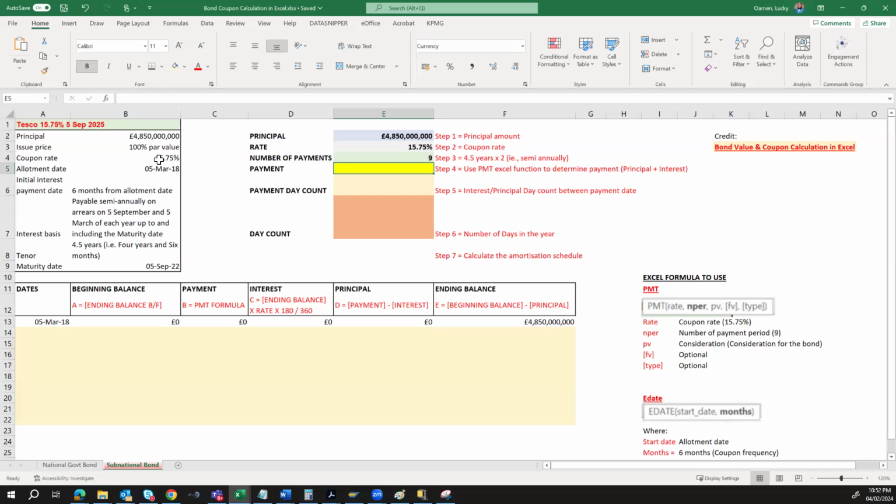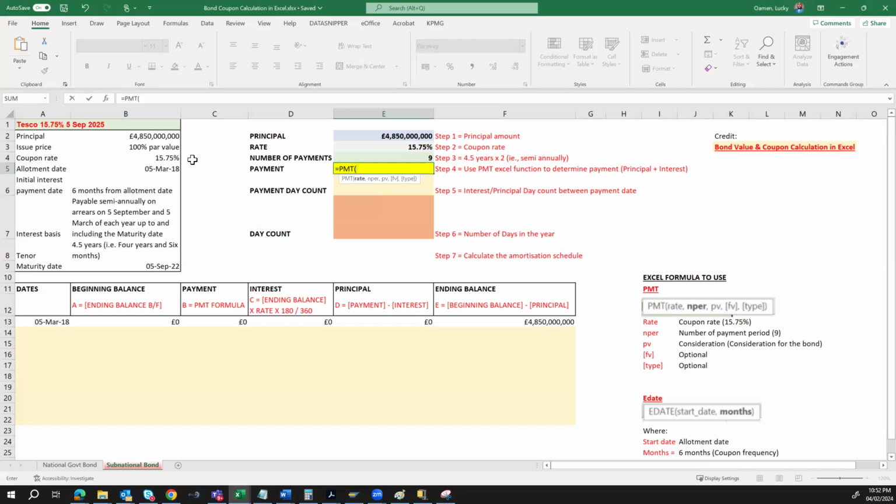And of course, the payment, what is the payment to receive, which also includes the principal amount and the interest amount, like I've indicated as part of step 4. To do that, I'll use the PMT formula, so equals PMT, open my bracket. I'll put in the rate.